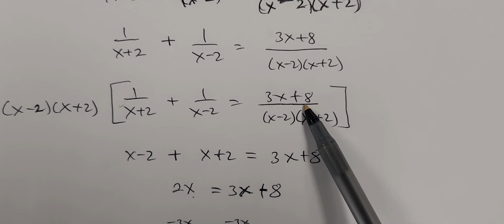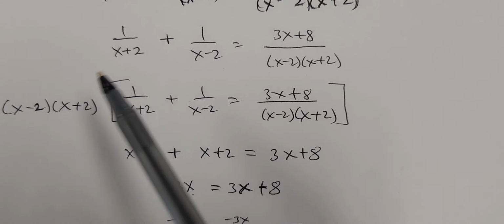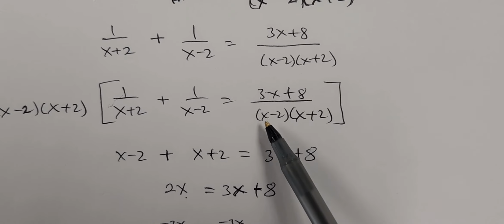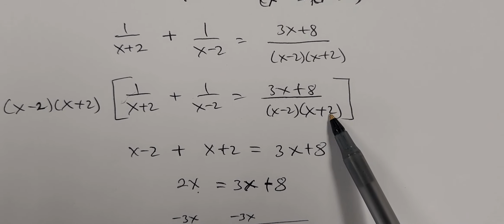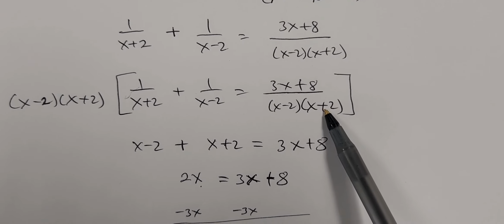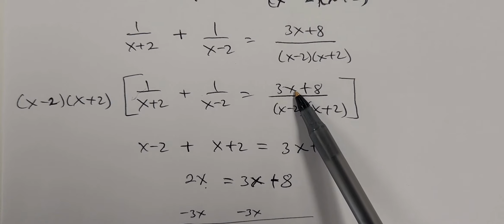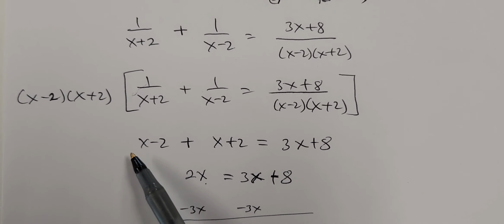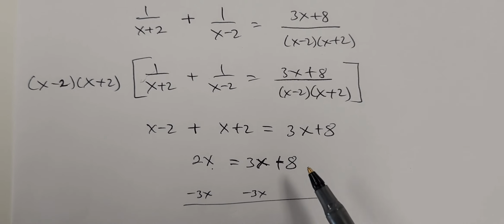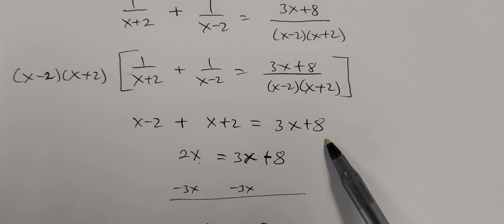Third fraction: everything goes away because x minus 2, x plus 2 is canceled. So all I have left is 3x plus 8. As you can see, all of the denominators cancel.